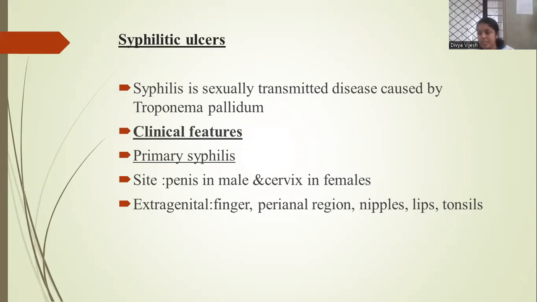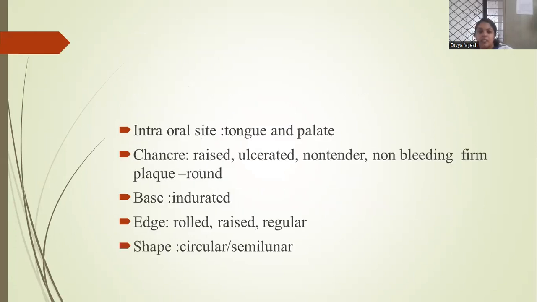It is the penis in male and cervix in female, and extragenital sites also. The intraoral site is mostly the tongue and palate. We have already studied the chancre. As you can see, this chancre is raised, ulcerated, non-tender.